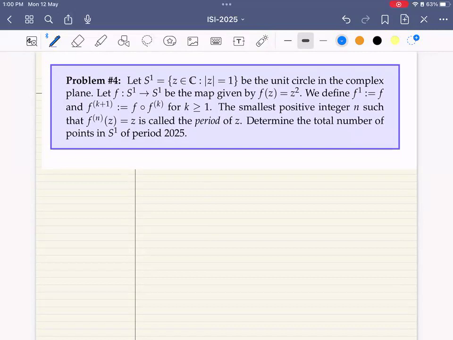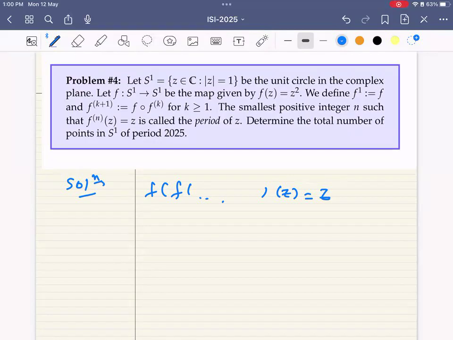So determine the number of points of S1 of period 2025. Period 2025 means that f applied 2025 times to z is equal to z, and we know that mod of z is 1.